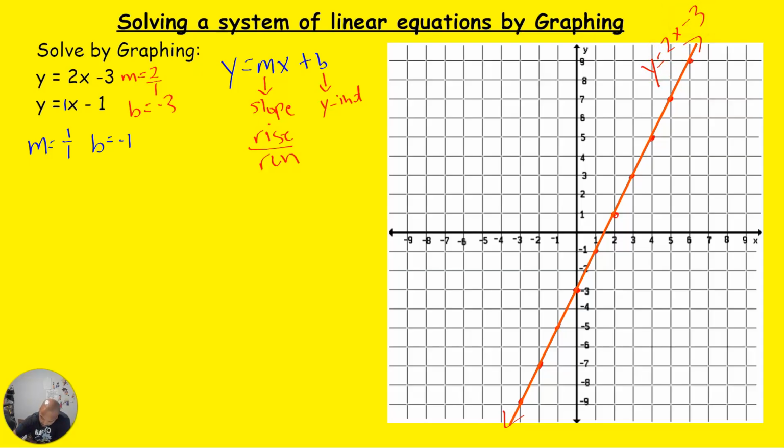Now let's do the blue line, the second line. We're going to plot our y-intercept, which is -1, first. And we're going to apply our slope, which is up 1 over 1, up 1 over 1, up 1 over 1. As you can see, it already crossed, but I like to show a good visual of my line whenever I'm graphing, so I'm going to continue backwards.